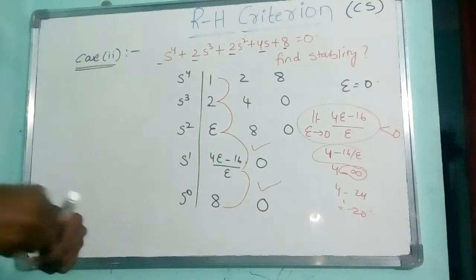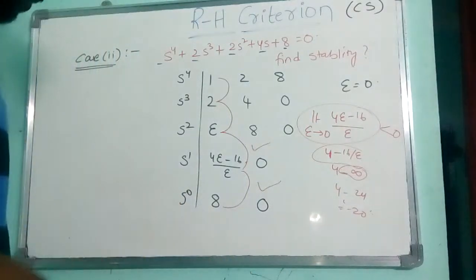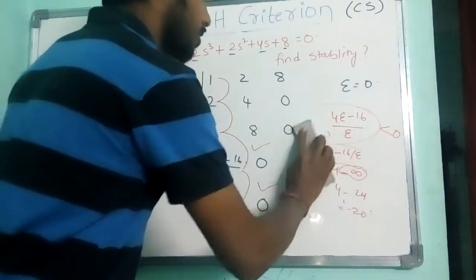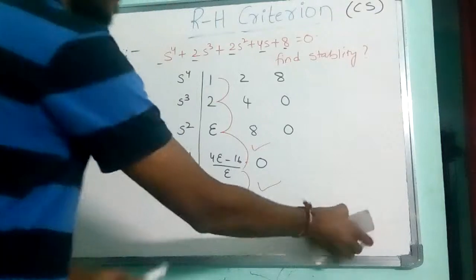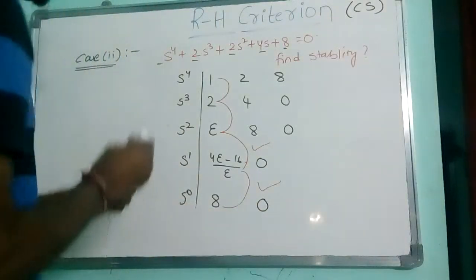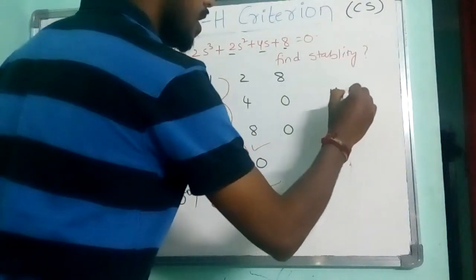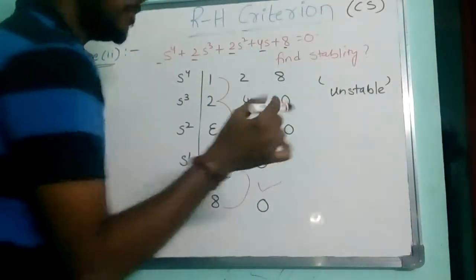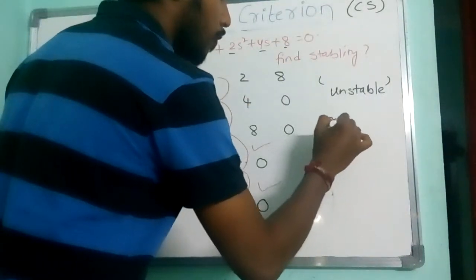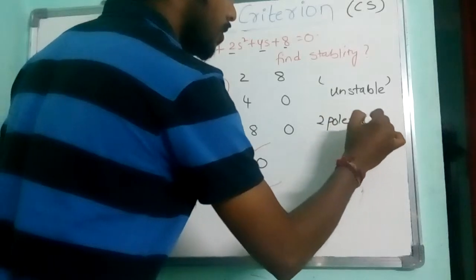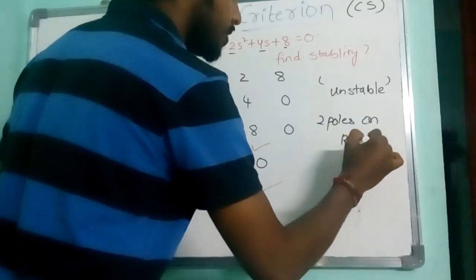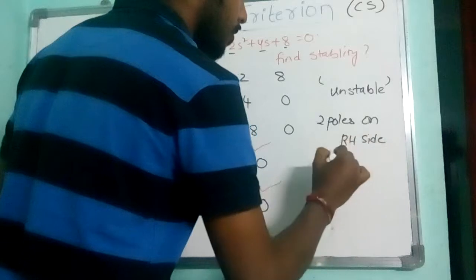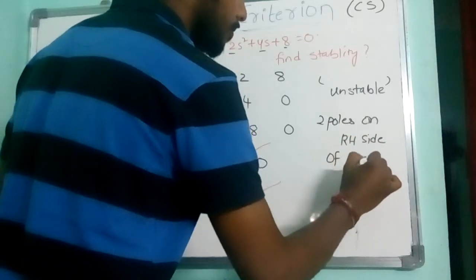That means the given system is an unstable system. Why? Because we have two poles on the RH side of the S plane.